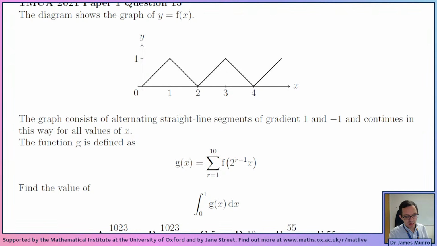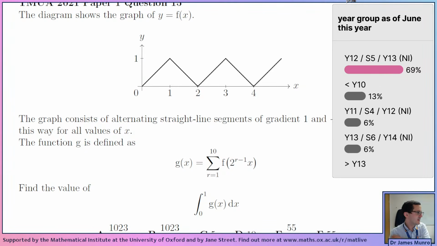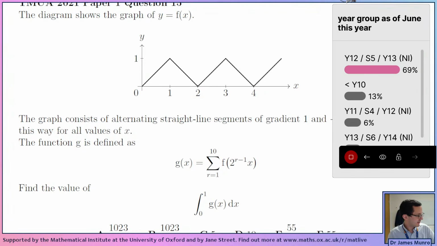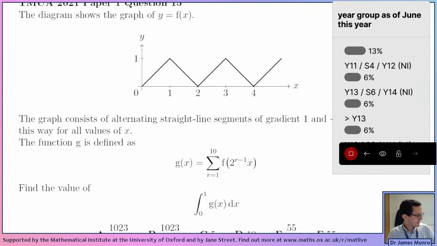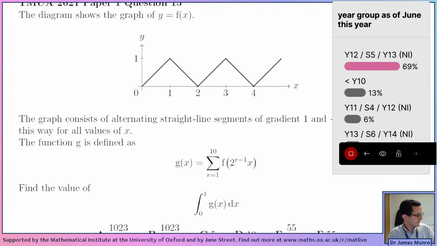For posterity, about a dozen people have voted, and they have voted like this. 69% of them are in year 12 or equivalent, and the next biggest group is younger than year 10. Hello. Which means that the GCSE students who are occasionally here, maybe they're saying they're going into GCSE, make up a smaller group.